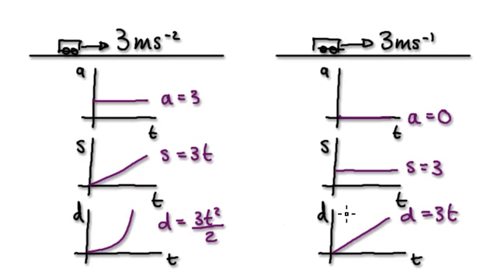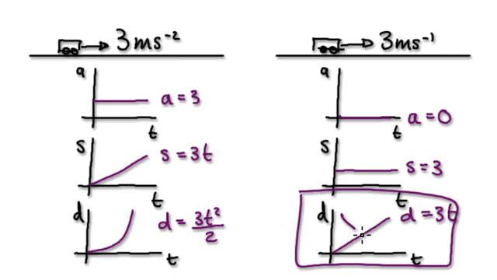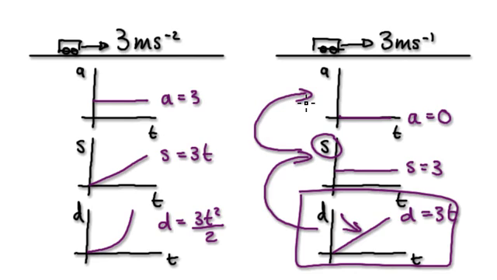And also the gradient of a distance time graph represents the speed, and the gradient of the speed time graph represents the acceleration.